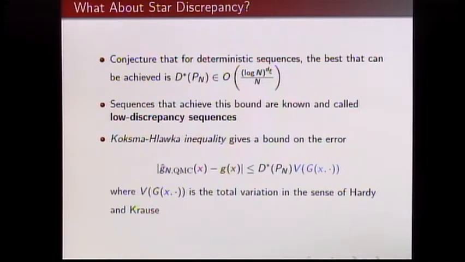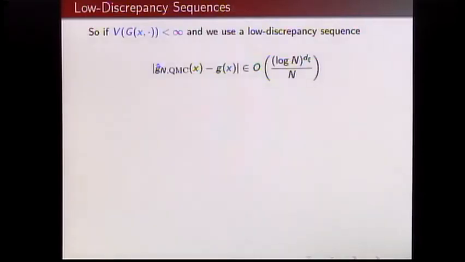If I cannot calculate the expectation of this easily, obviously I'm going to get a much worse bound. Some functions actually have this infinite, but let's assume it's finite.